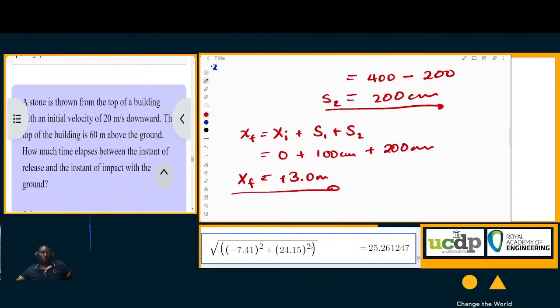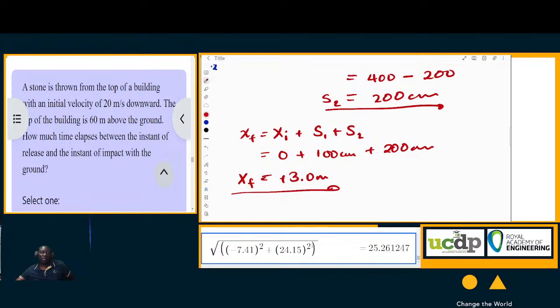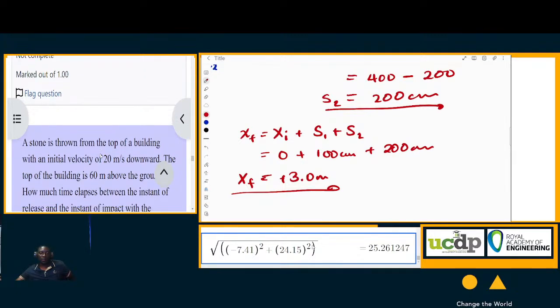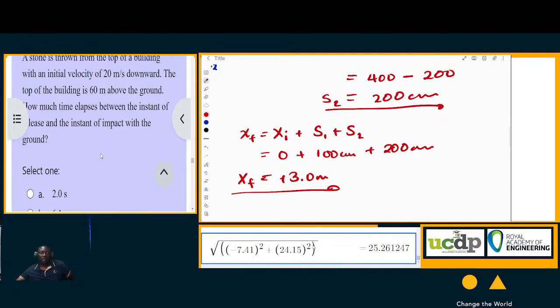Okay, question number 12. A stone is thrown from the top of a building with an initial velocity. So remember, thrown and released are two different things. What is the difference if we say a stone is released from the top of the building?